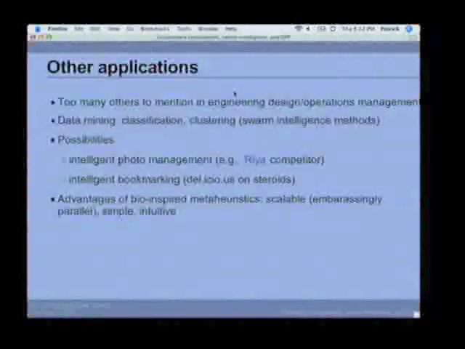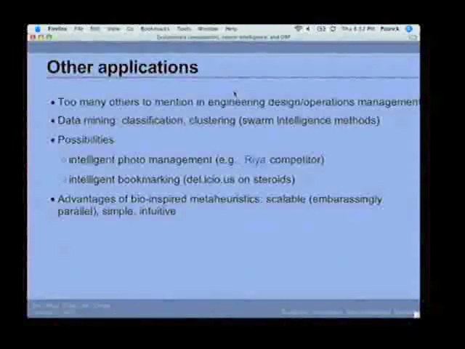I think it's interesting, and I think it's worth thinking about. One of the ways that these things differ from other machine learning techniques is that they're scalable. They're inherently scalable because when you evaluate each of the individuals in your population, evaluating each one is independent. It's like doing a web application.